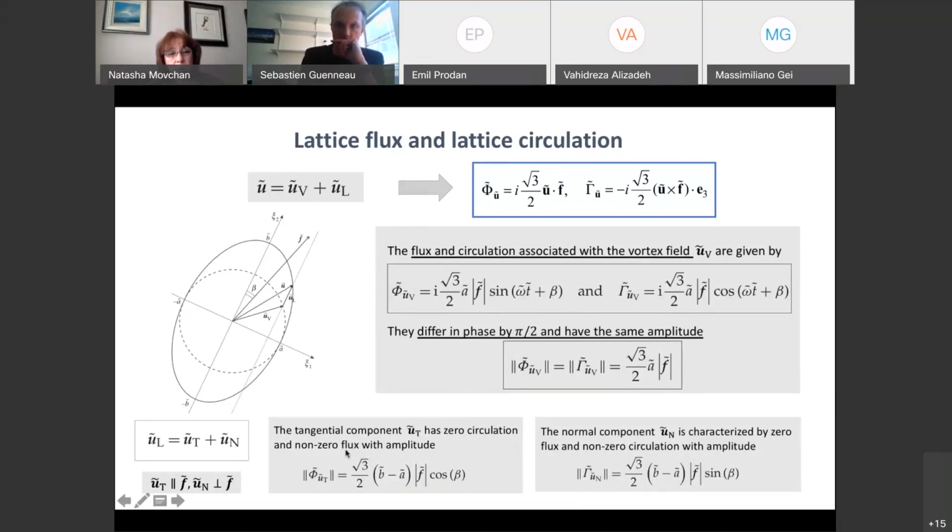And for the straight line components, the tangential component will have zero circulation and non-zero flux, whose amplitude is given in here. And for the normal component, the flux will be zero and the circulation is non-zero.